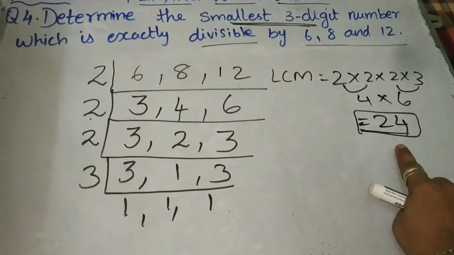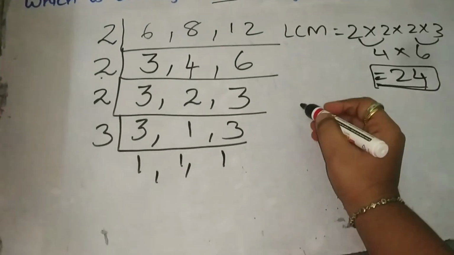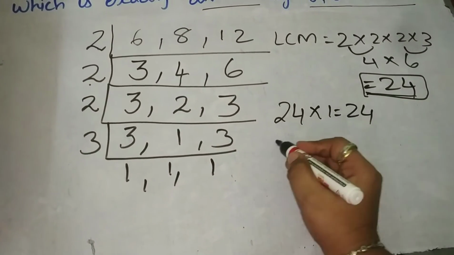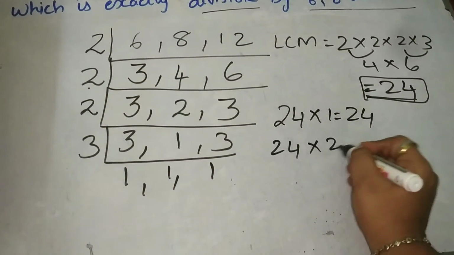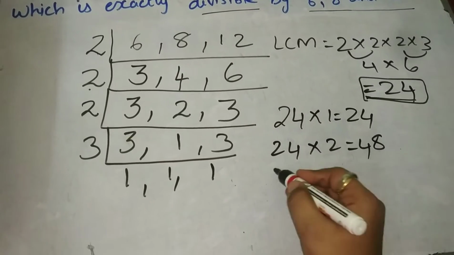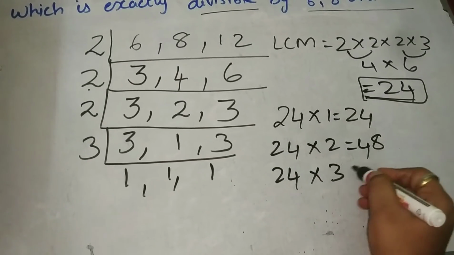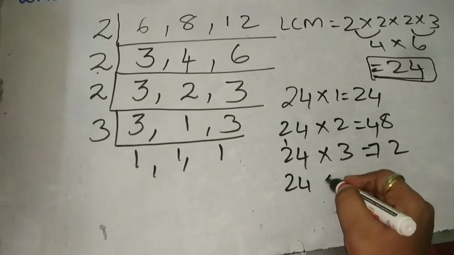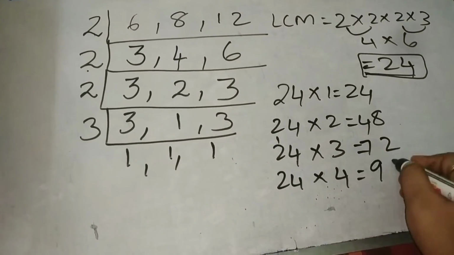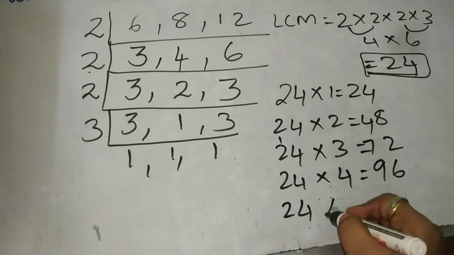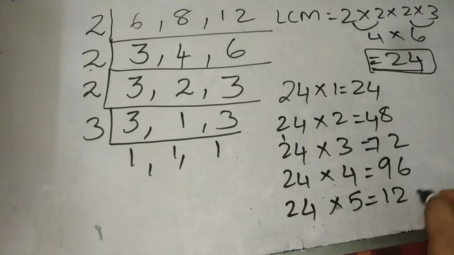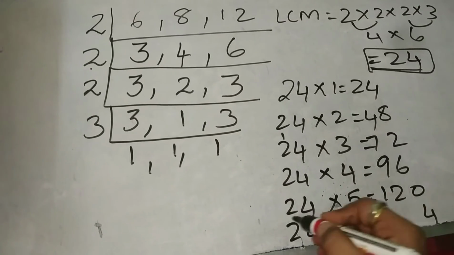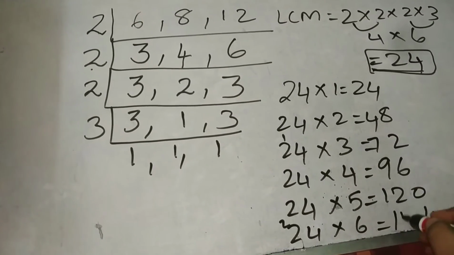So let me check the multiples of 24. 24 1s are 24, 24 2s are 48, 24 3s are 72, 24 4s are 96, 24 5s are 120, 24 6s are 144.